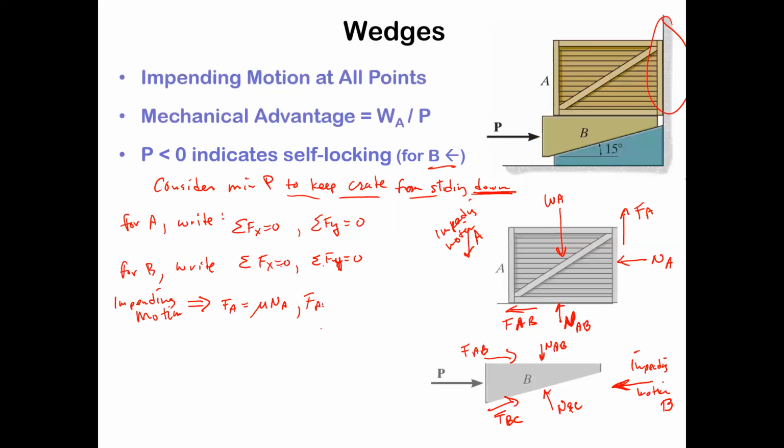F_AB is at its largest possible value. If it's not impending motion, they could be anything that needs to keep it from moving, which might not be that big, but those are the maximum values of friction force. And F_BC is equal to mu N_BC. That helps reduce the number of unknowns, so we end up getting 7 equations for 7 unknowns, assuming W is given.